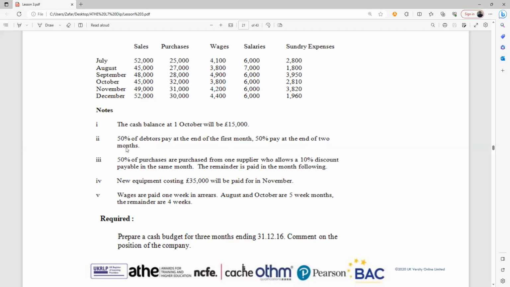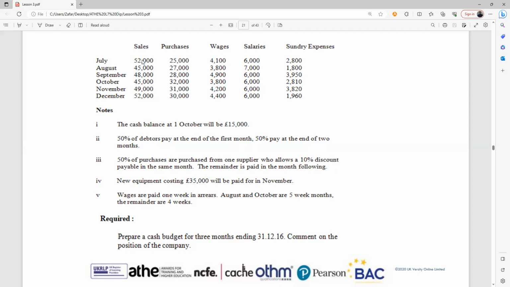So some of these people will pay us in the first month, and some of them at the end of 2 months. So we will have money coming in the first and the second month. So the sales, if you look at the sales here, £52,000 if sold in July will pay us in, what's this?